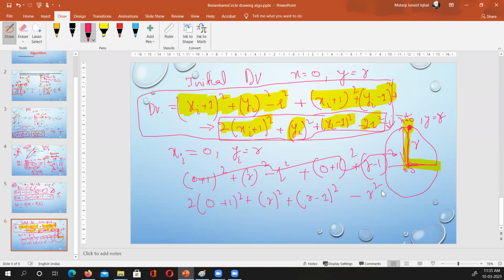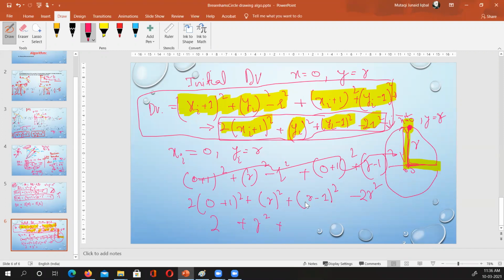Okay, does it make sense or not? So what's happening here? Basically this is twice r square, right? This is y square, this is minus twice r square. So if I calculate this, 0 plus 1 is 1, 1 square into 2 is 2, plus r square plus (r minus 1) whole square.